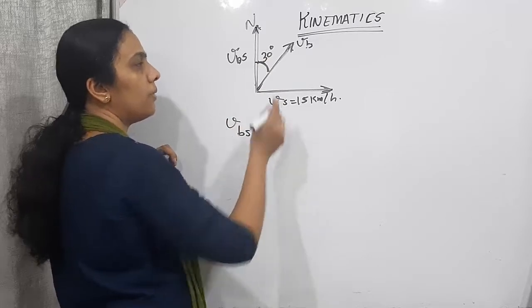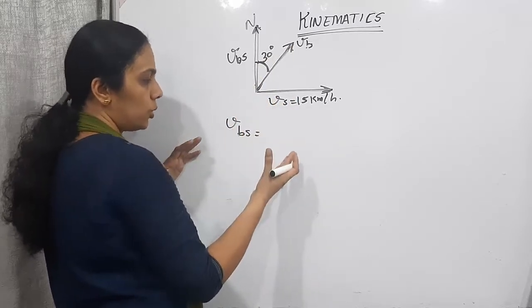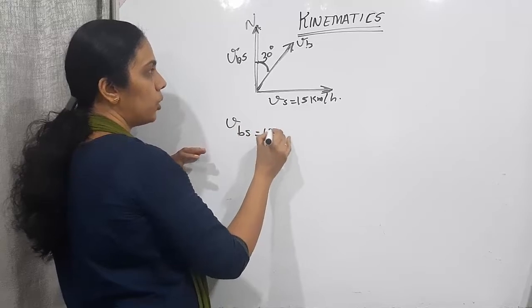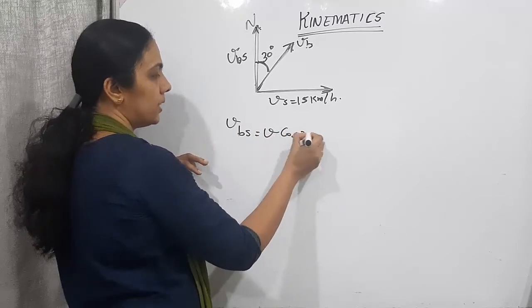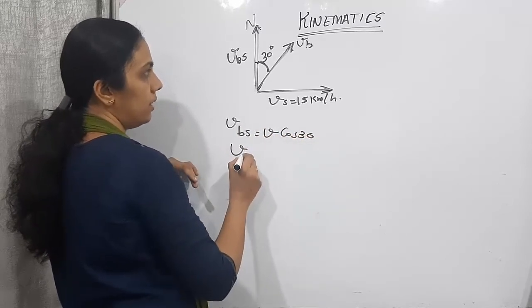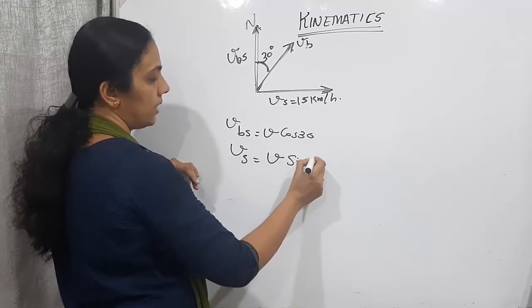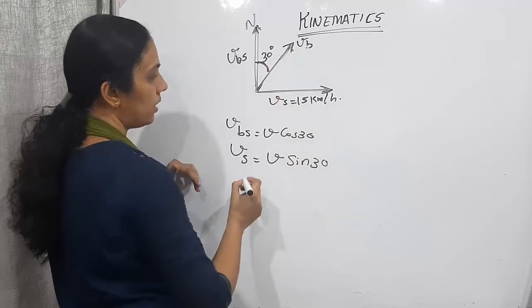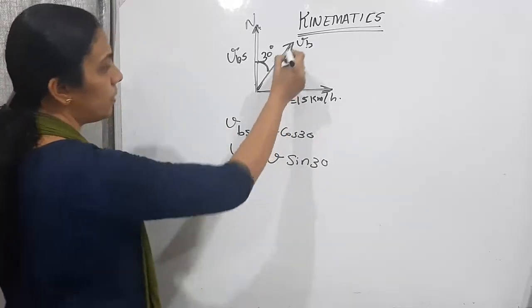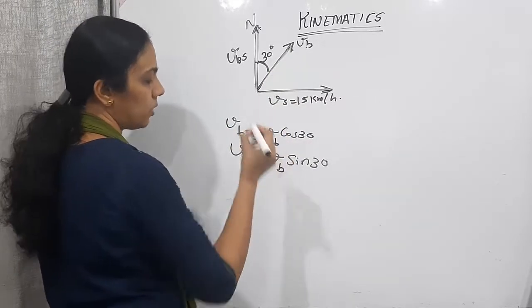I am dividing VB into its two components. VBS will be equal to V cos 30 and VS will be equal to V sin 30. So here Vs is equal to Vb sin 30, this is Vb cos 30.